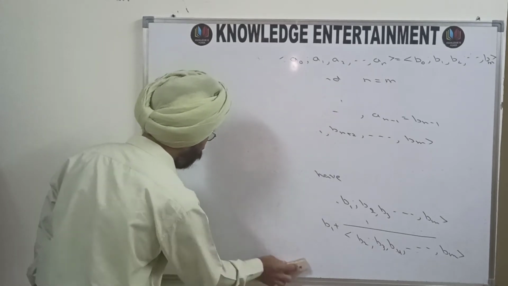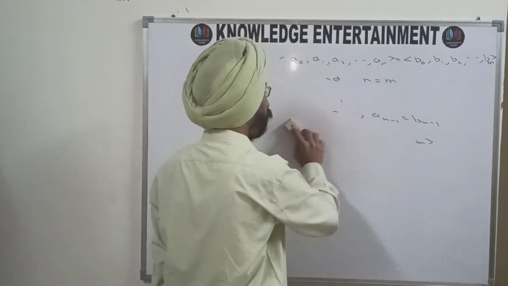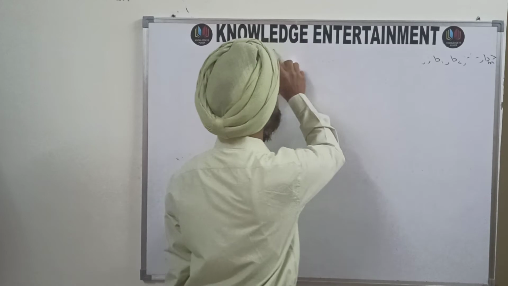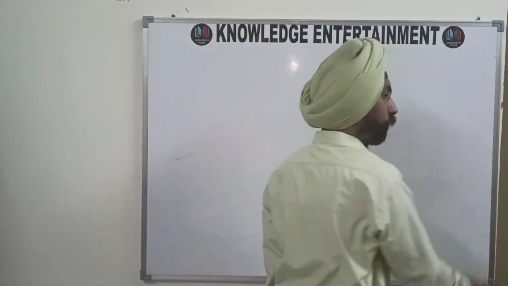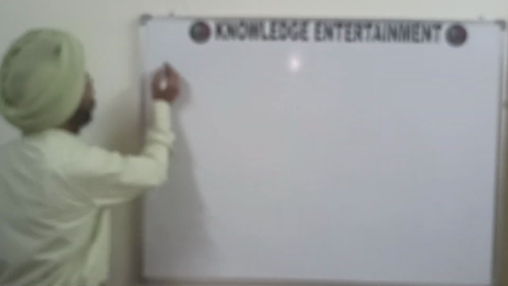So this is one of the theorems where we have left the lecture of continued fractions yesterday in the previous video, and now I am taking another theorem from the chapter.